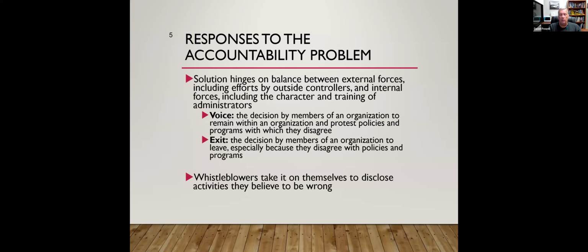You can have all the laws and rules and regulations that you want and impose those upon administrators. But if the administrators don't have the adequate training or this public service ethos in terms of their character, they're going to end up ignoring these rules and these regulations. So you have to have both an external focus with rules as well as an internal focus by training your administrators on how to behave in an ethical way.